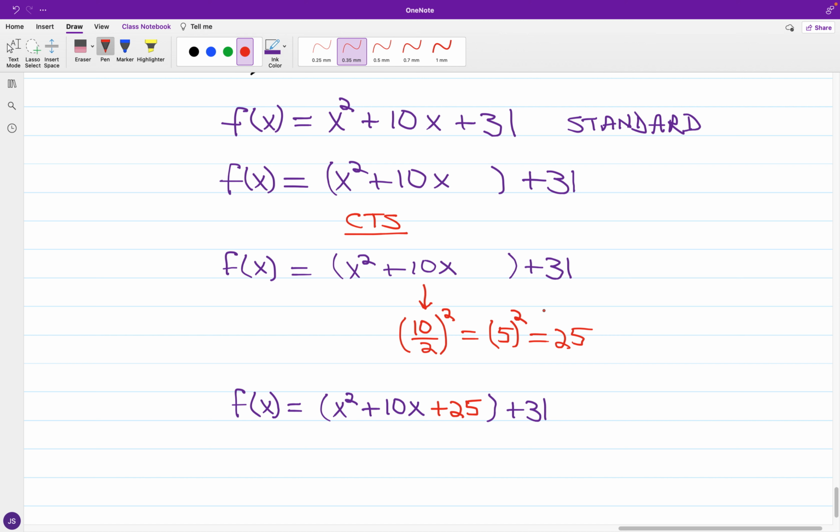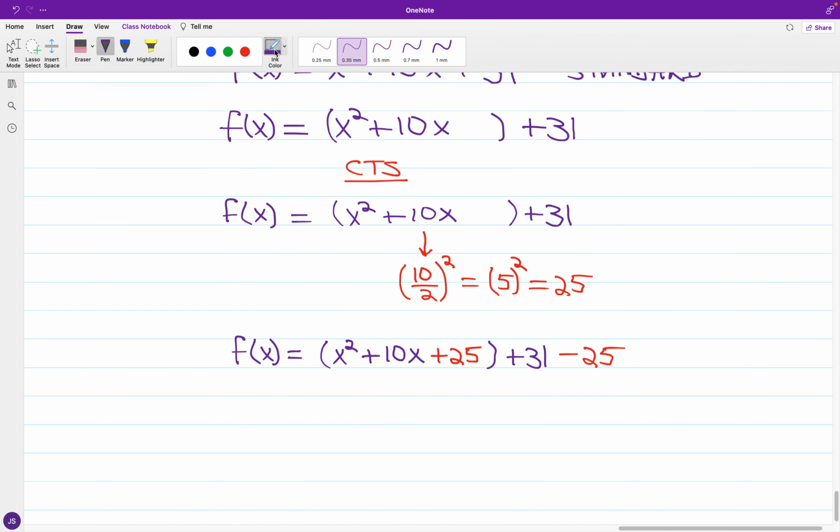But to get it back to being level with 31, I'm going to take away 25 at the end. So we're going to have f of x equals x squared plus 10x plus 25, and for the constants at the end, 31 minus 25 will leave us with plus 6.